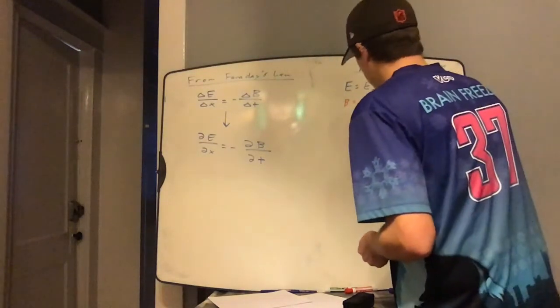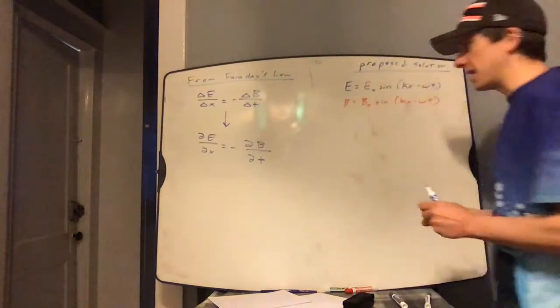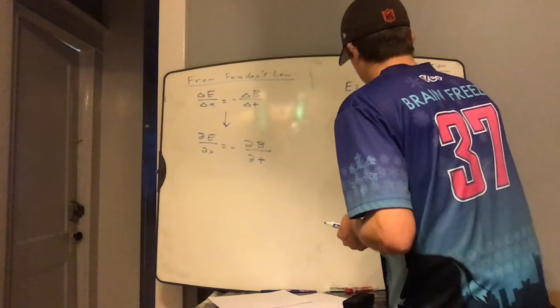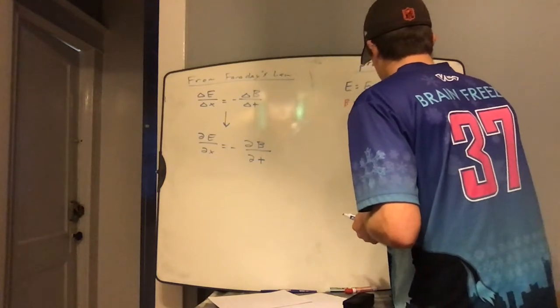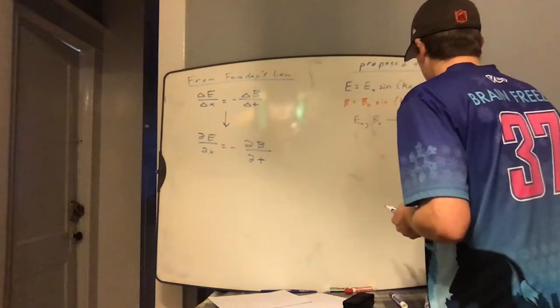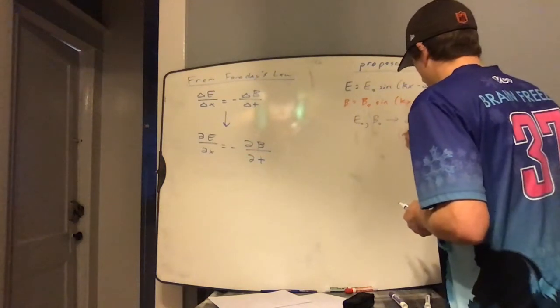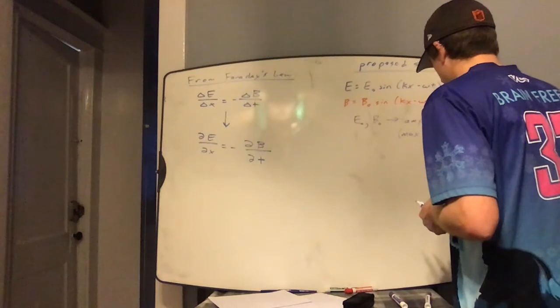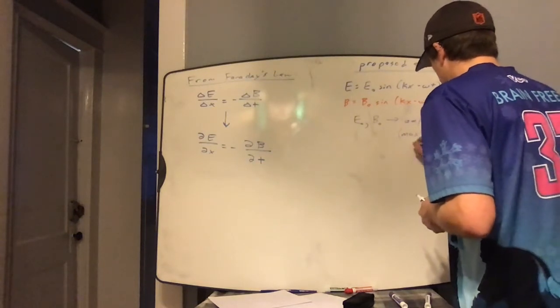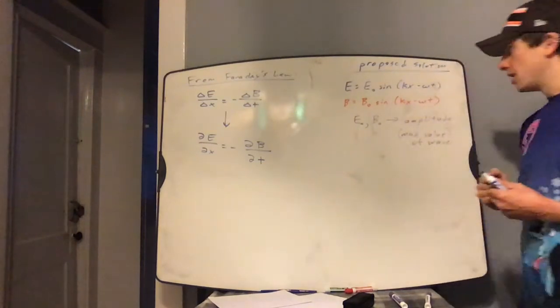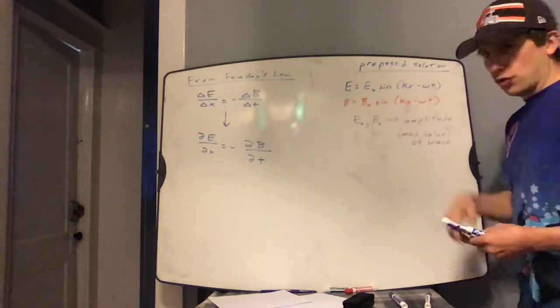Now here, E naught and B naught are the amplitude of the wave, which is basically the max value of the wave.